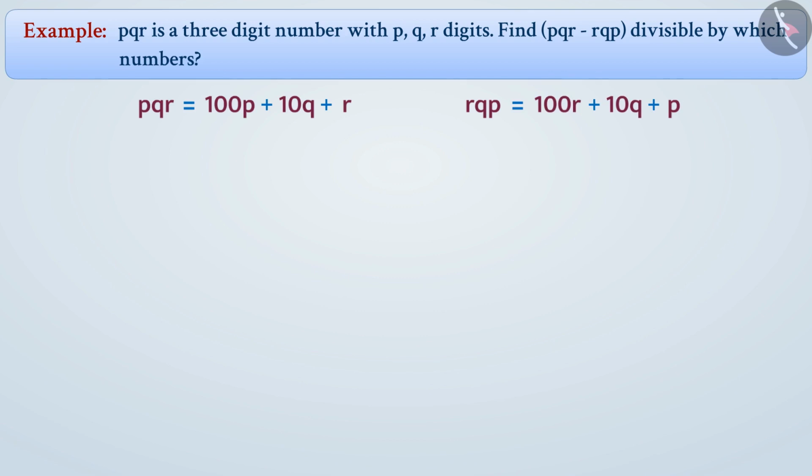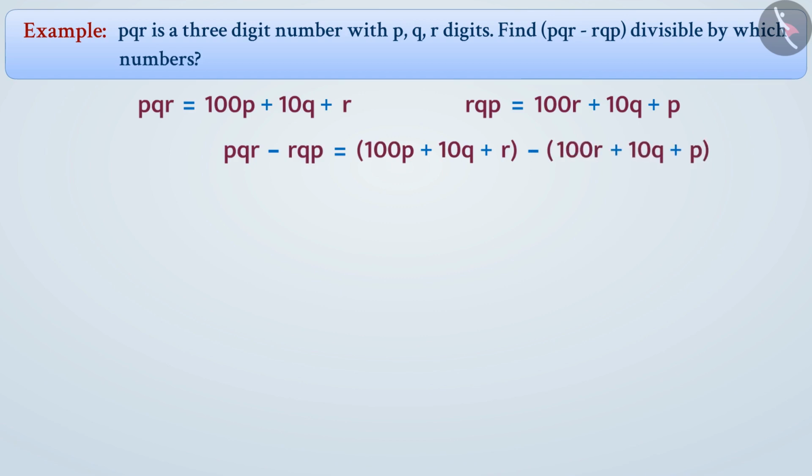In this way, we can say PQR minus RQP is equal to 100P plus 10Q plus R minus (100R plus 10Q plus P).